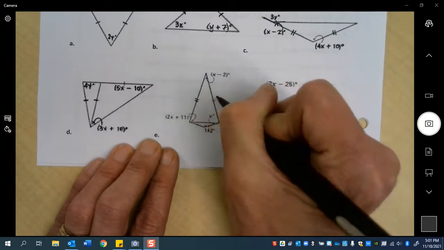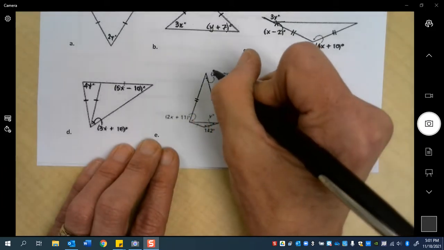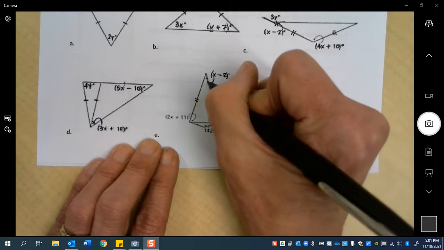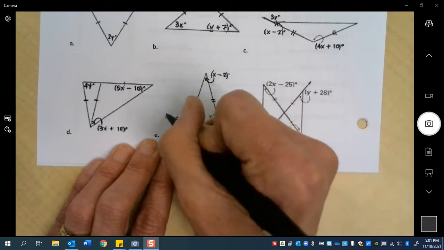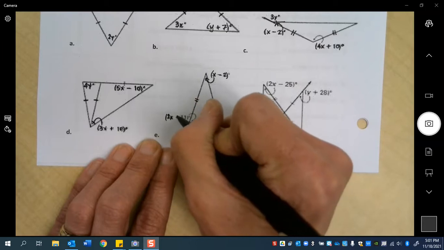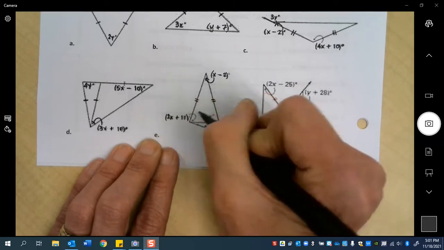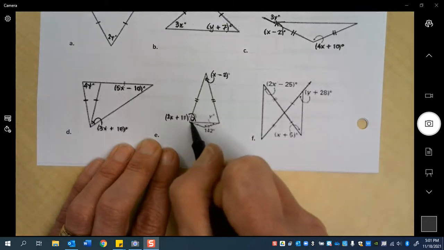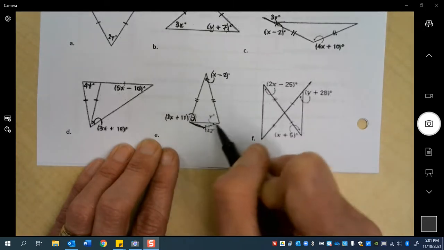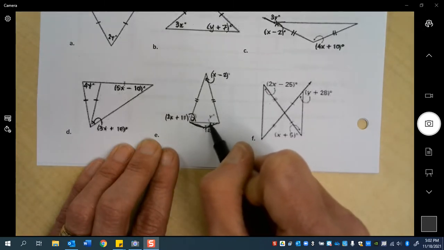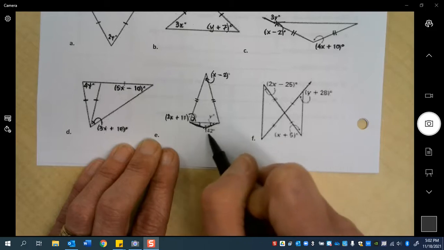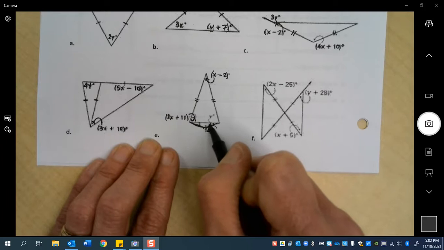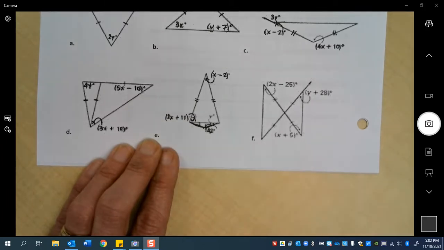Now these ones are a little trickier because you have to solve for x and y. So think about what we talked about with systems. This is x minus 2, which represents this inside angle, and this 2x plus 11 represents this short angle. Here's the fuzzy part. This triangle here is isosceles, and this vertex angle is 142 degrees.